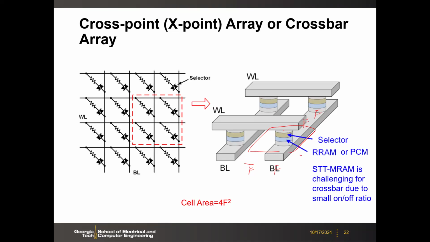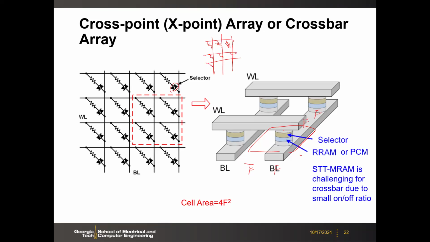The problem is that if you do not have this nonlinear element, the transistor gives you a nonlinear IV that helps to cut off the current of the unselected cells. Otherwise, if you have a system with just a resistor crossbar, this is called a crossbar array because the word line and bit line are perpendicular. So this is called a cross-point array or crossbar array.